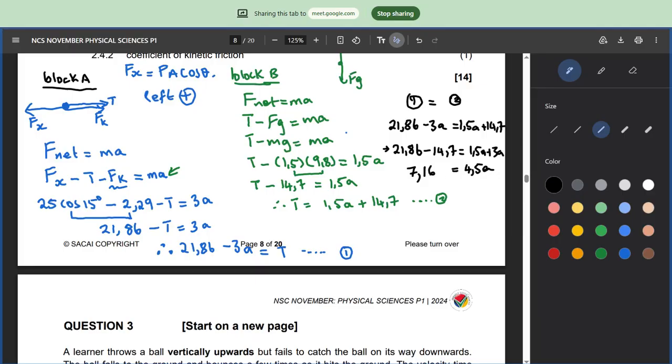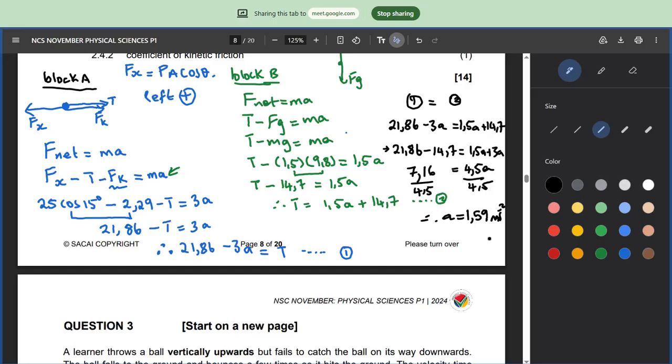Divide your answer by 4.5. What do you get when you divide by 4.5? What is the acceleration? 1.6. To two decimal places, it's 1.59 meters per second squared. And that's the answer.